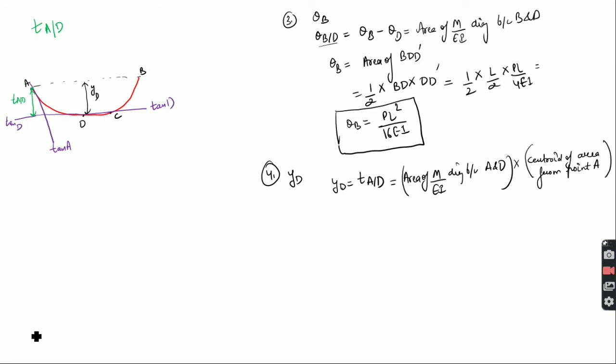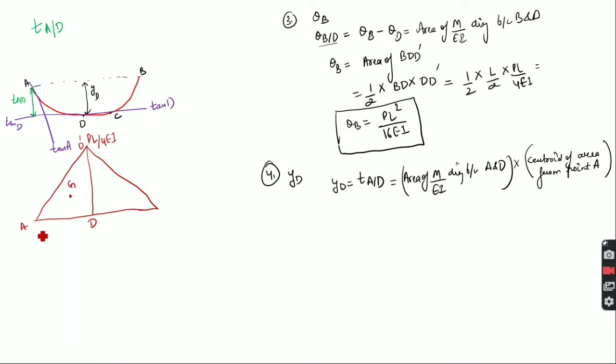So I will draw the M by EI diagram first. This is our M by EI diagram. This is A, this is D, this is D dash, and the maximum value which we calculated was PL by 4EI. The centroid will be here.